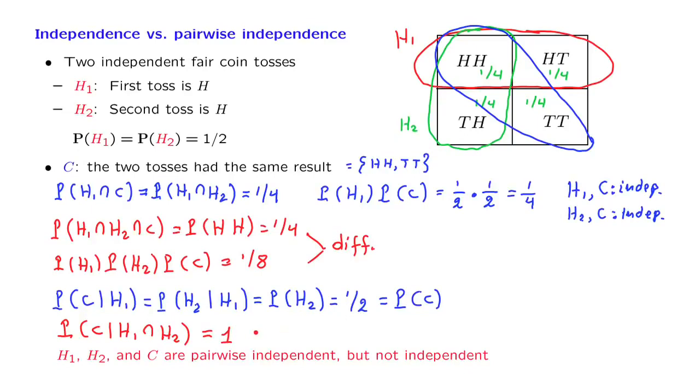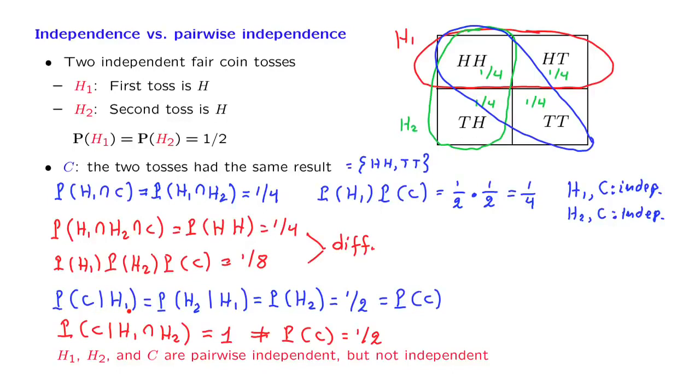And this number 1 is different from the unconditional probability of C, which is 1/2. So we have here a situation where knowledge of H1 having occurred does not help you in making a better guess on whether C is going to occur.